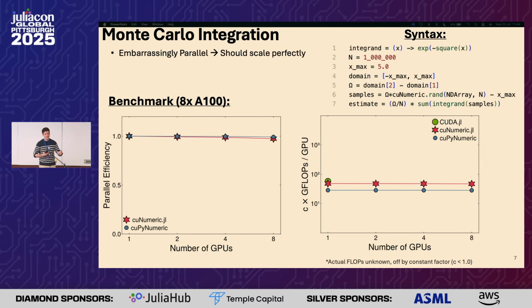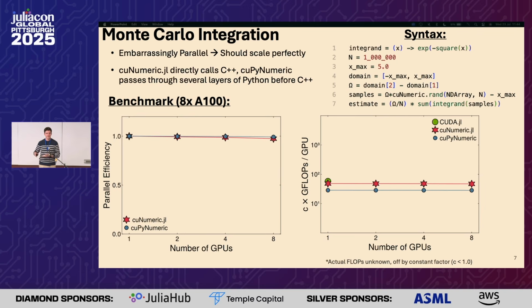So we are getting similar throughput to CUDA.jl and then scaling perfectly as we add GPUs. And we think that this small difference between the Julia and Python libraries is because cuNumeric is directly calling into the C++, whereas cuPyNumeric, the Python library, actually has several layers of Python that it goes through before it ends up calling into the C++ library.